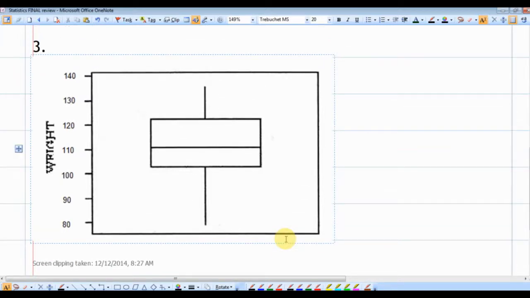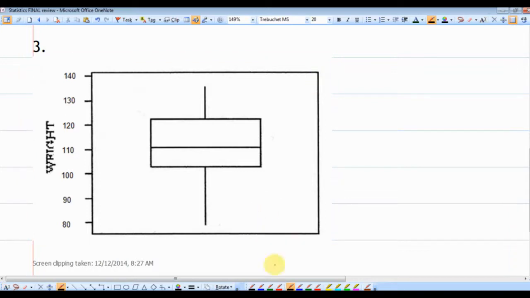That's awesome. Okay, so if we're looking at this and we want to decipher it, just so you remember, this is the minimum. This is the Q1. This is the median. This is the maximum. And of course, if you have anything out here, that would be an outlier.